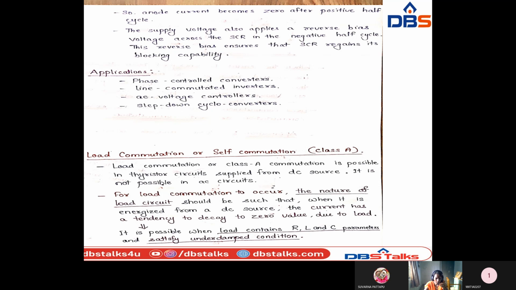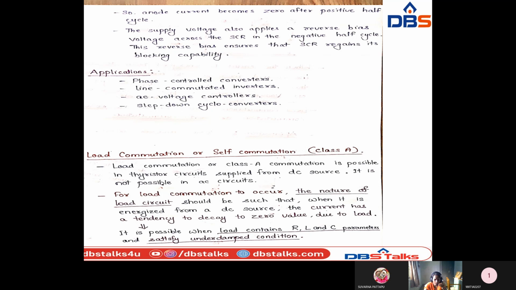For load commutation to occur, the nature of the circuit should be such that when it is energized from a DC source, the current has a tendency to decay to zero due to the load.